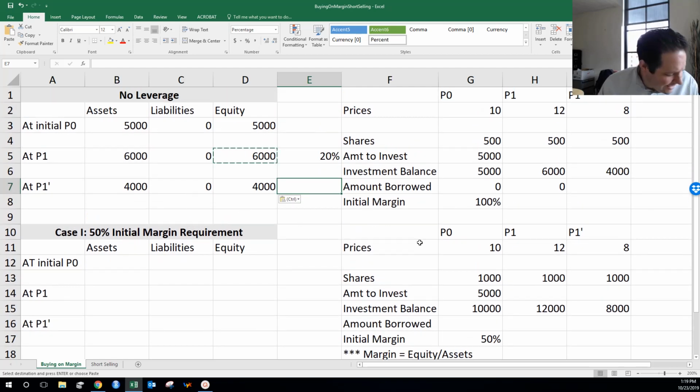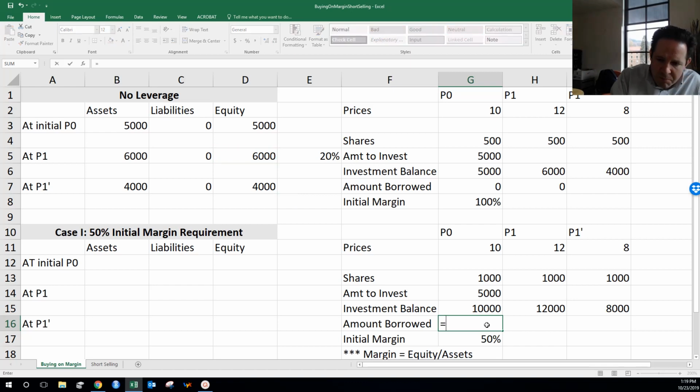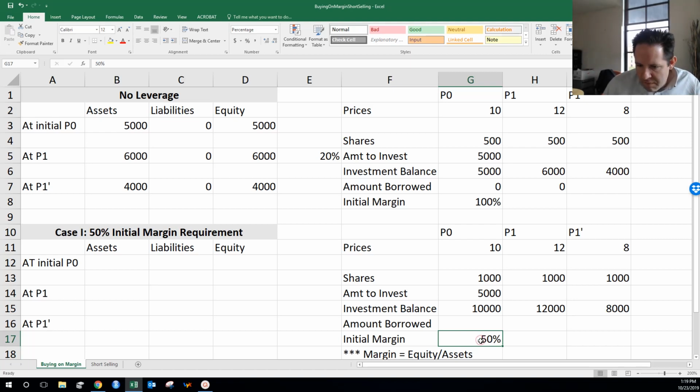Now suppose instead, as in the example of 3.4, that we can buy on margin. What does it mean to buy on margin? Well, it means that we have an amount to invest, but we also have an amount that we can borrow, and the amount that we can borrow is up to an initial margin of 50%.